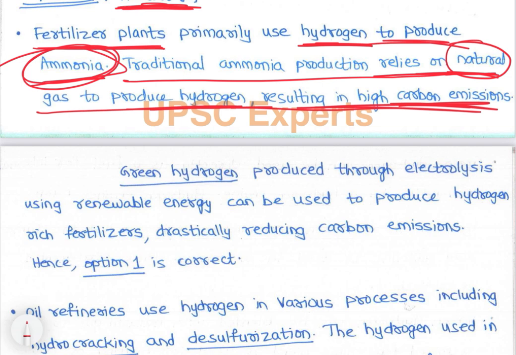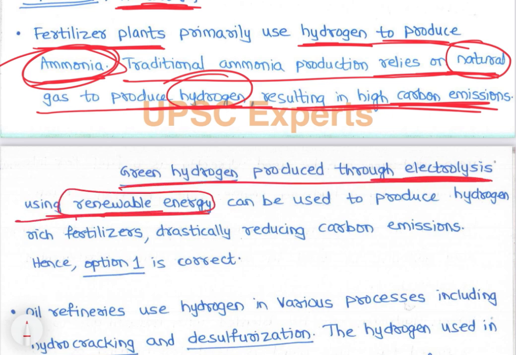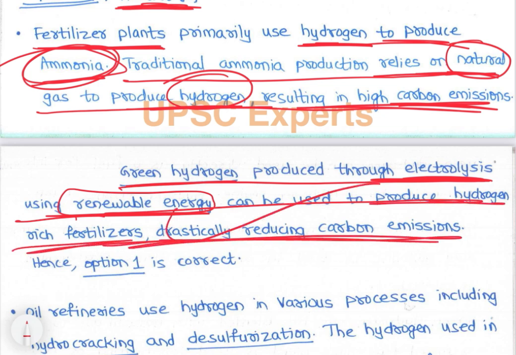So natural gas से produce hydrogen, अगर green hydrogen use किया by renewable energy, electrolysis of water use कर रहा है, so that will reduce carbon emissions, right? So green hydrogen produced through electrolysis using renewable energy can be used to produce hydrogen-rich fertilizers, drastically reducing carbon emissions, right? नहीं तो पहले क्या यूज कर रहे थे, natural gas to produce hydrogen which releases carbon, right?